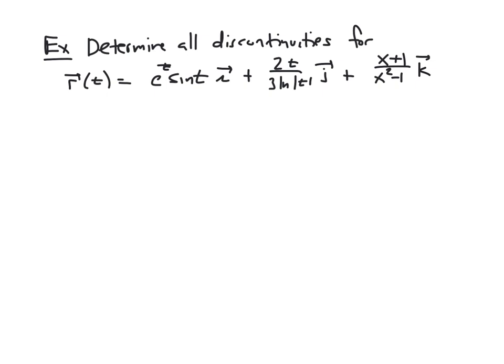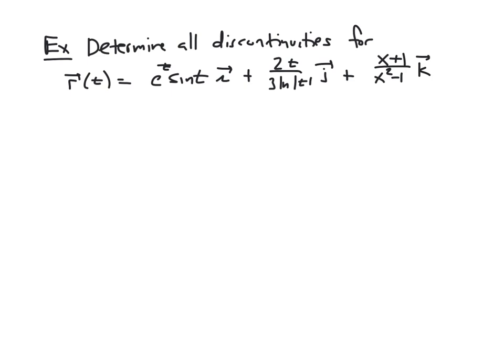Right, so I've given this vector in standard basis form, but we have the components e to the t sine t, 2t over 3 natural log of the absolute value of t, and x plus 1 over x squared minus 1. And so in order to determine where this is continuous or discontinuous, we simply need to analyze the continuity of the three component functions.